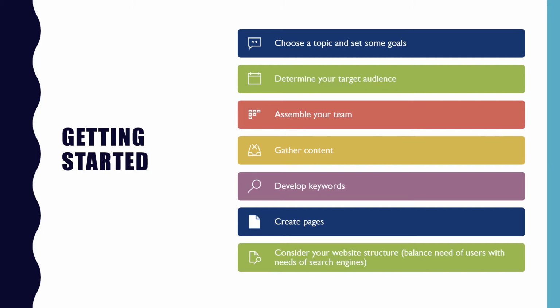Are you going to be trying to write that yourself? Are you going to be paying for someone else to do your search engine optimization, or are you going to do that yourself? So who all is responsible for all of the different facets of working on your project? You want to gather your content, figure out what sort of assets you have, what sort of copy you have written already, develop different keywords.